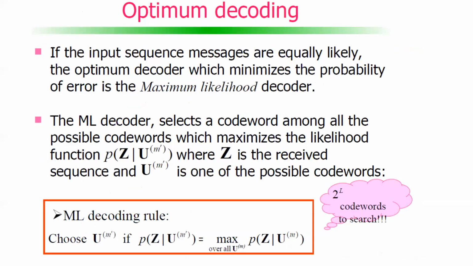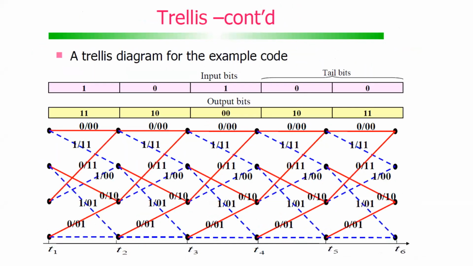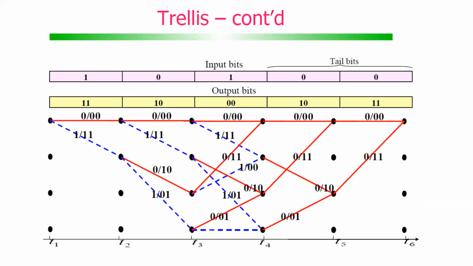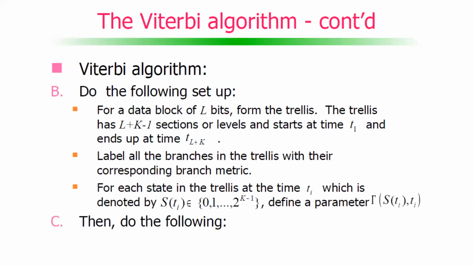We know the structure of the encoder, how the connections are made, and what possible states the encoder can be in, and what possible outputs can be there. We know this much, right?